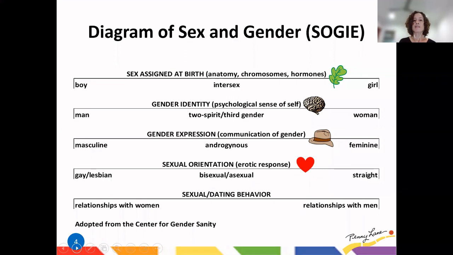So if you were to make an assumption about her sexual orientation, you would likely assume that she identifies as heterosexual. But if you were to actually get to know her and have a conversation with her about it, she would share that she identifies as pansexual. So we don't want to make any assumption based on any aspect of this diagram based on any other aspect of the diagram.